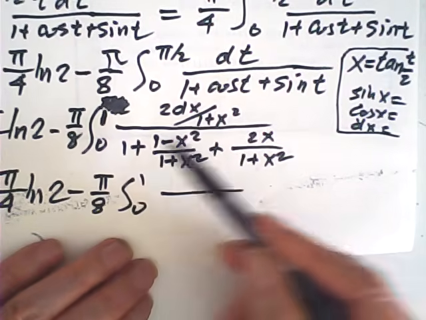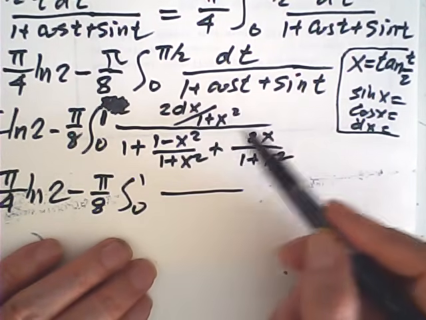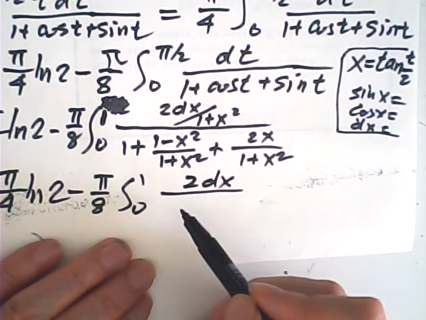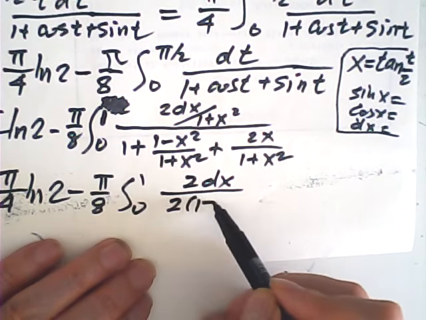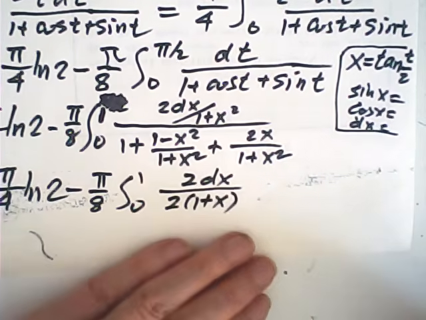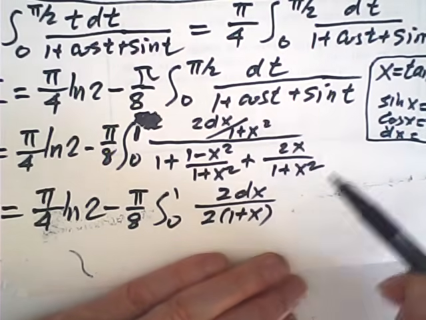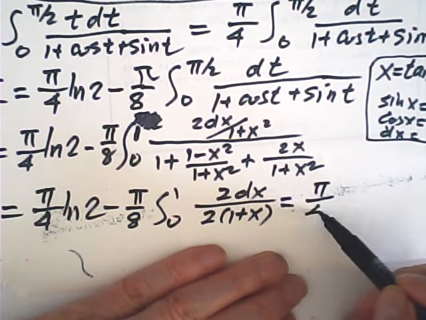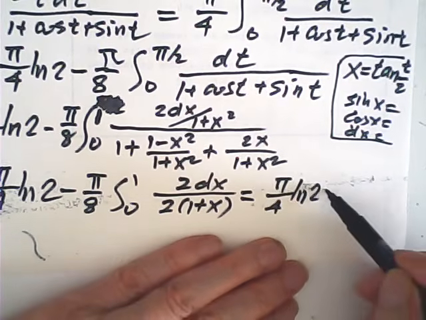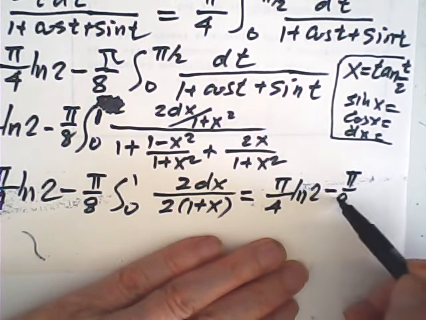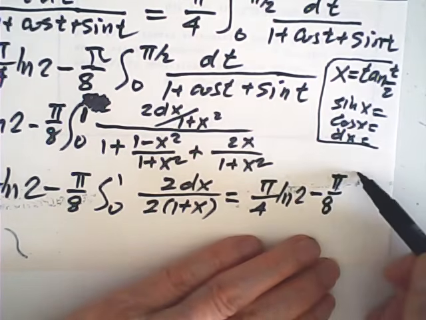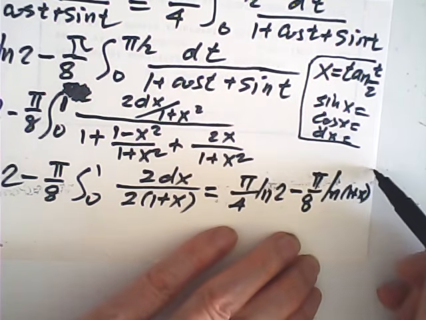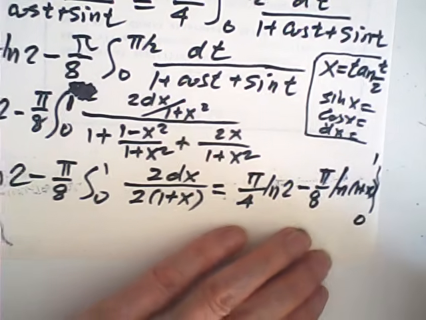This can be simplified by multiplying by 1 plus x squared, so I end up with 2 dx over 2 times (1 plus x). So this cancels out. This is equal to quarter pi log 2 minus eighth pi log of 1 plus x, with x from 0 to 1.